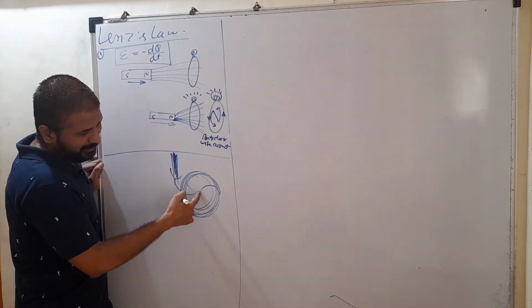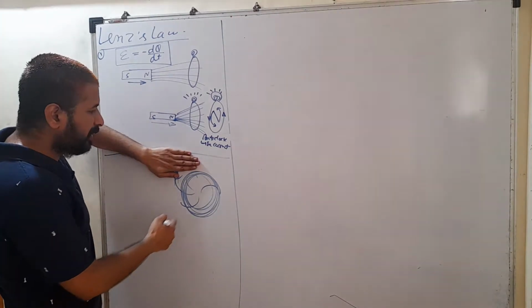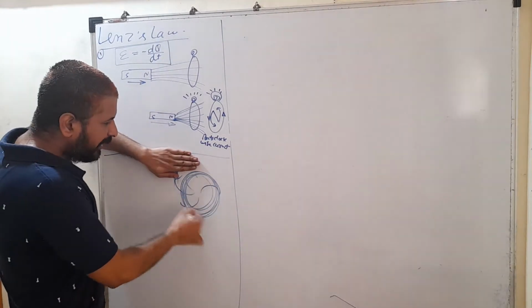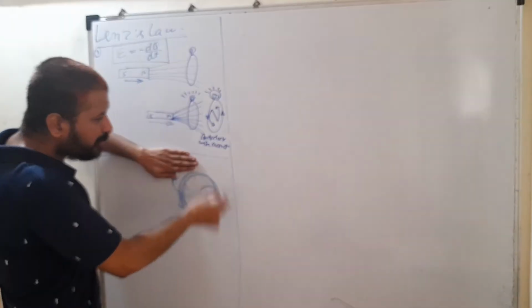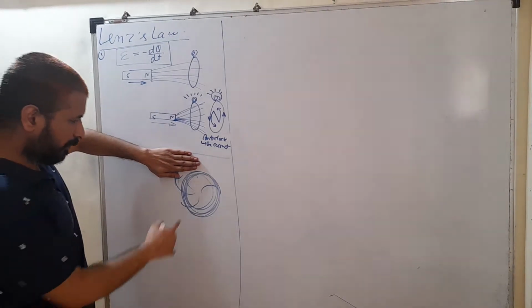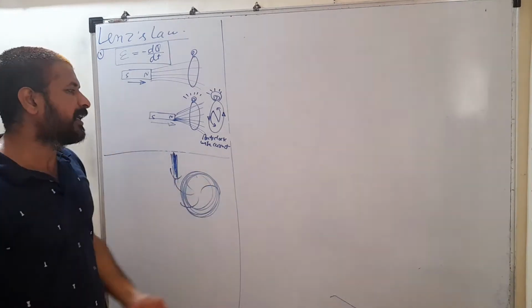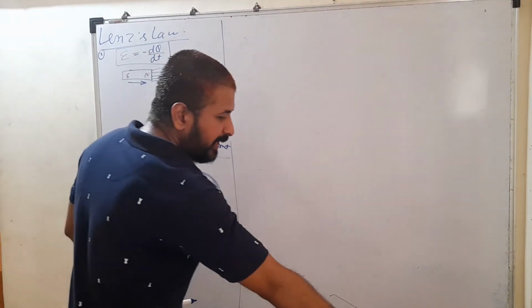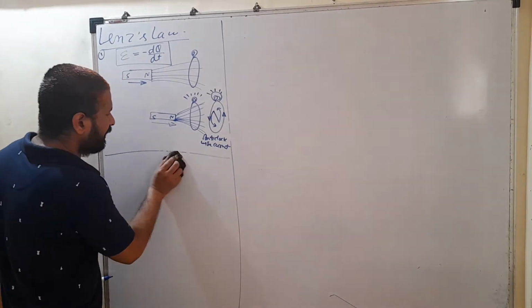Suppose once you have rotated it and you stop the falling of that water, then it will stop, because when it is rotating, you constantly have to perform mechanical work. It is opposed by that flux, by the current which is induced. So constantly you have to perform mechanical work to work against that opposition. That's why mechanical energy is lost, the potential energy of that water is lost, and that is converted into electricity.